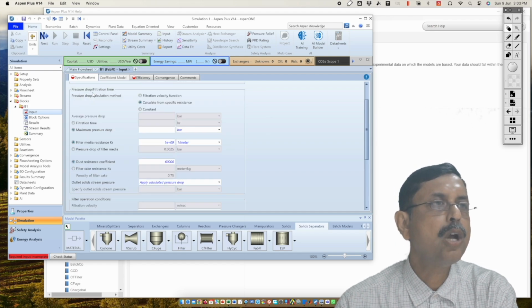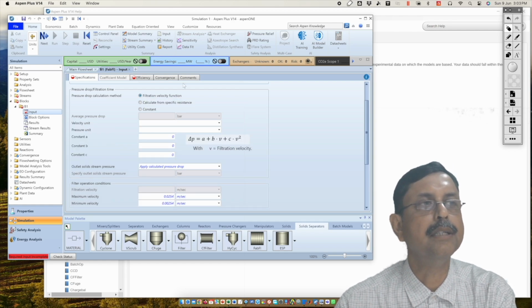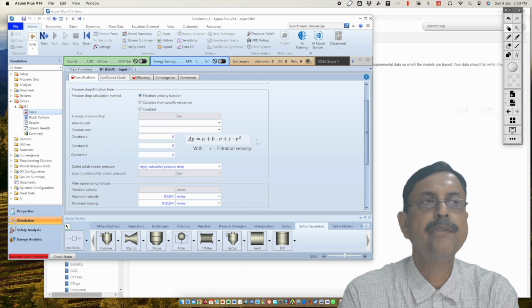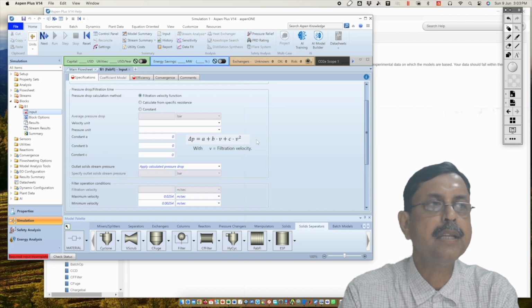Now, pressure drop or filtration time can be calculated based on various calculation methods. The first one is the filtration velocity function, and it will be of this nature. Delta P is equal to A plus B into V plus C into V squared. So this is a small polynomial equation, a second degree polynomial rather.